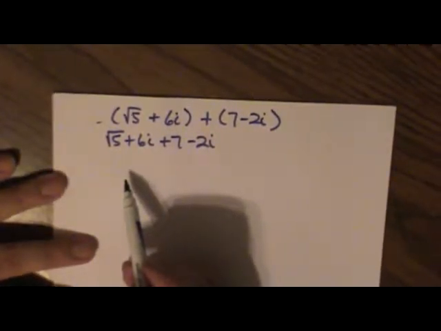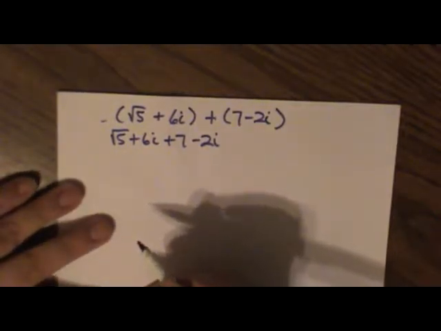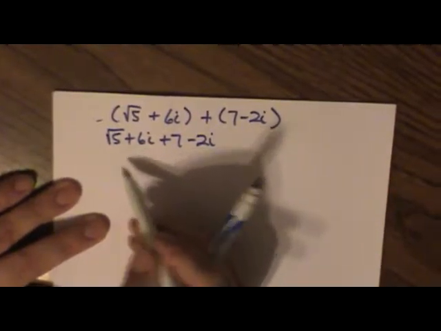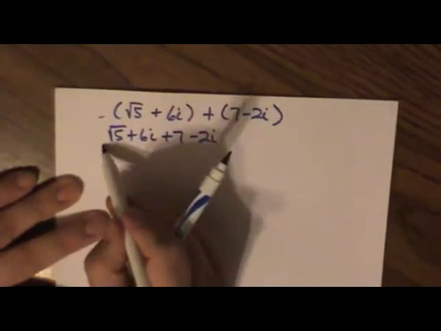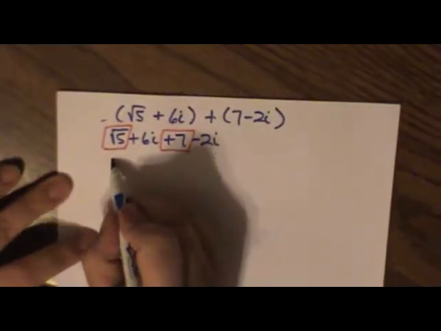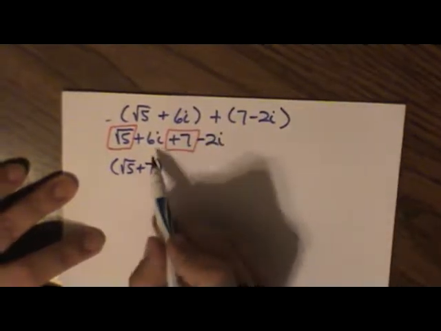Now we're going to look at our real parts. Our real parts on this one are everything that doesn't have an i in it. This doesn't have an i, and this doesn't have an i. So we're going to group those together. We have square root of 5 plus 7, and then we have our i's.